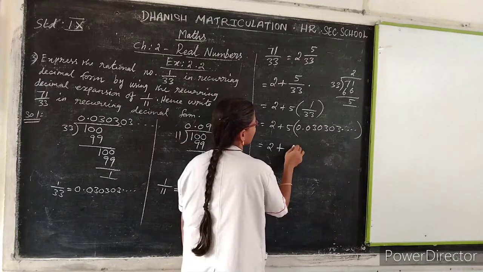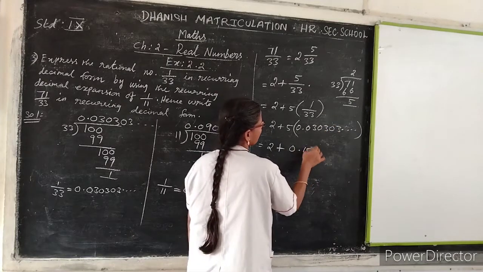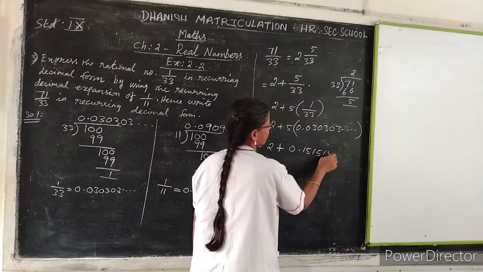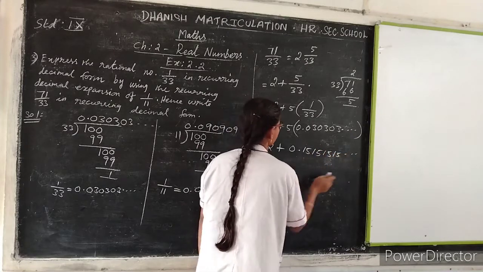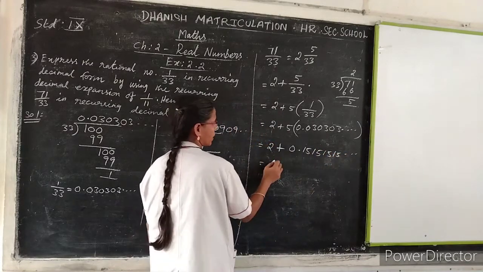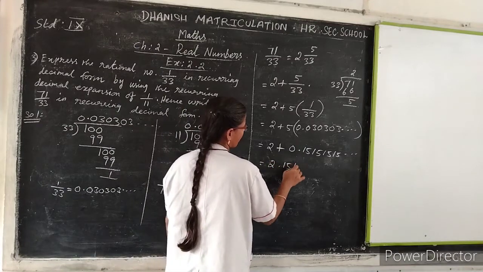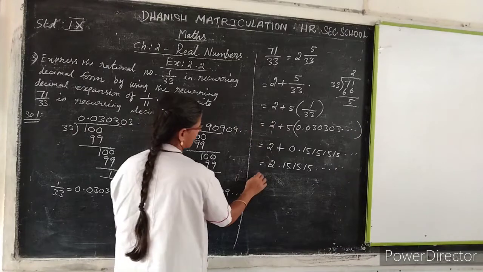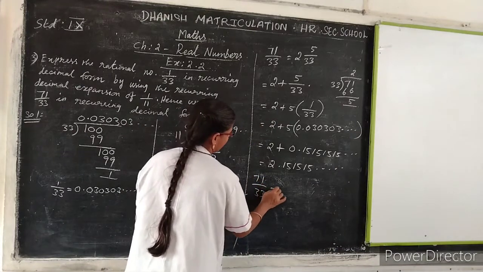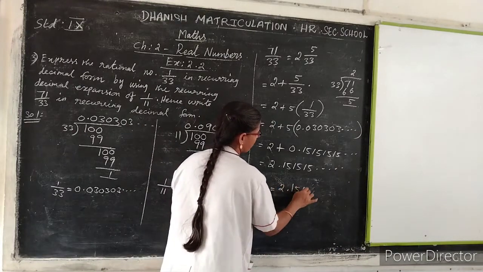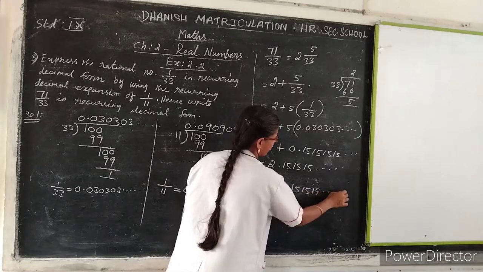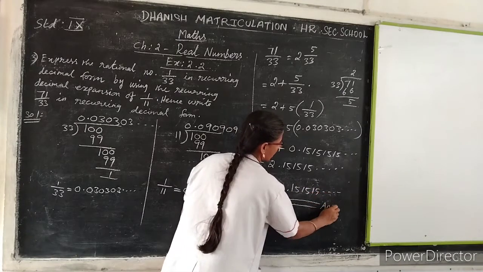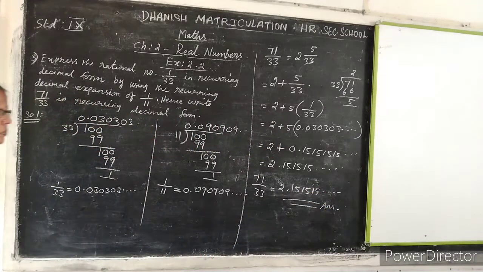So this can be written as 0.151515 etc. Now add this whole number, 2.151515 etc. So the value of 71 by 33 is equal to 2.151515 etc. This is our required answer.